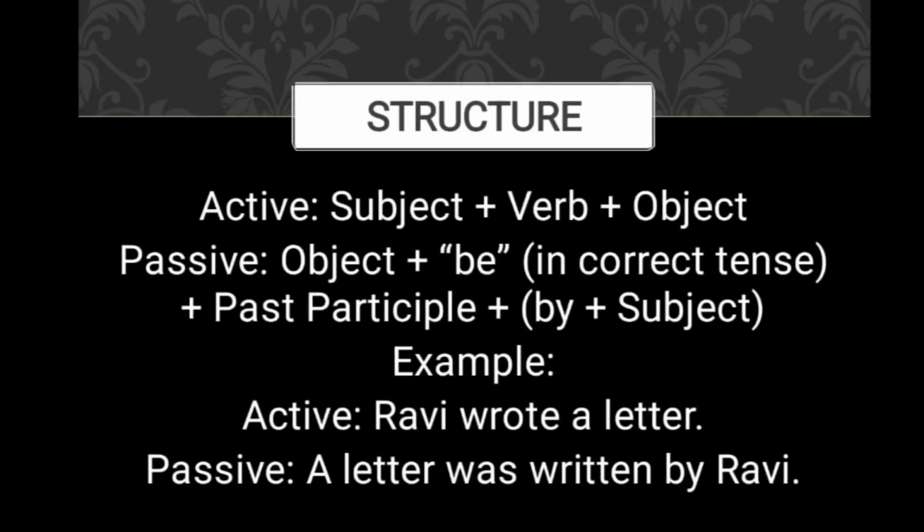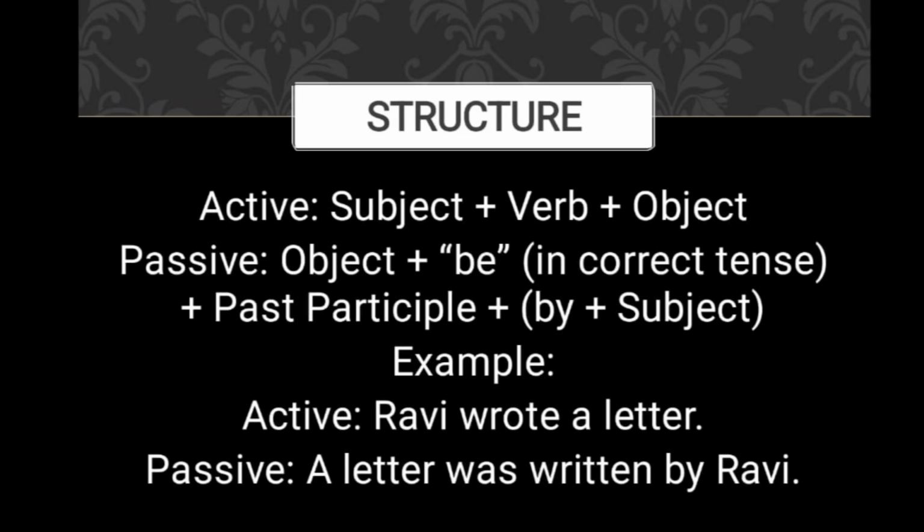Structure of active and passive voice. Let's understand the structure of sentences. In active voice, the structure is subject plus verb plus object. Example, Ravi wrote a letter.